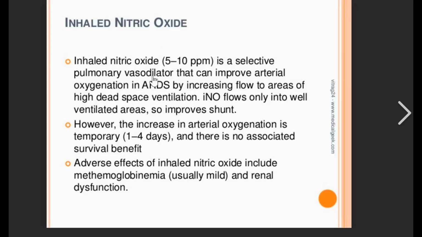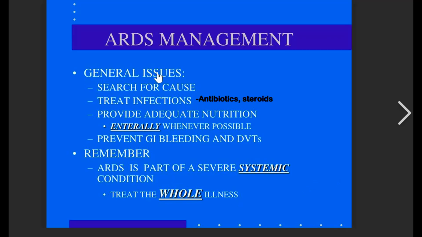Inhaled nitric oxide is a vasodilator, so it improves oxygenation by increasing blood flow to the lungs. Other management includes identifying the cause. Remember, is it a systemic cause or is there an underlying injury? So treat the underlying cause.